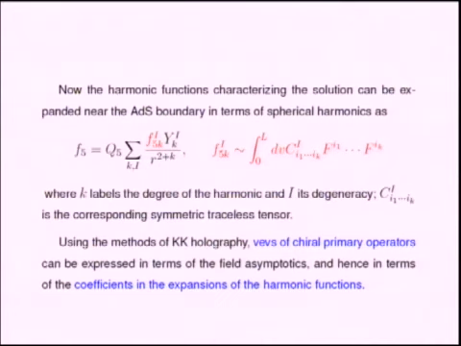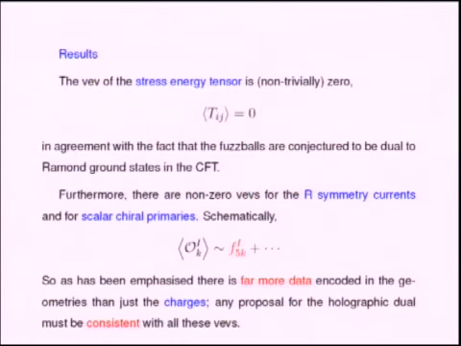One gets this kind of expression. And I have expressions for the vevs in terms of the field asymptotics, so I just plug the expansions into the expressions for the vevs to get them in terms of these integrals.